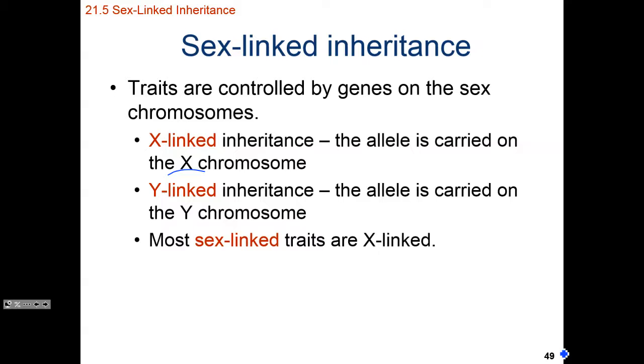How about an X-linked disease? Who is more likely to exhibit an X-linked disease, a male or a female? A male. Why a male, Alyssa? You are correct. Males only get 1 X chromosome.